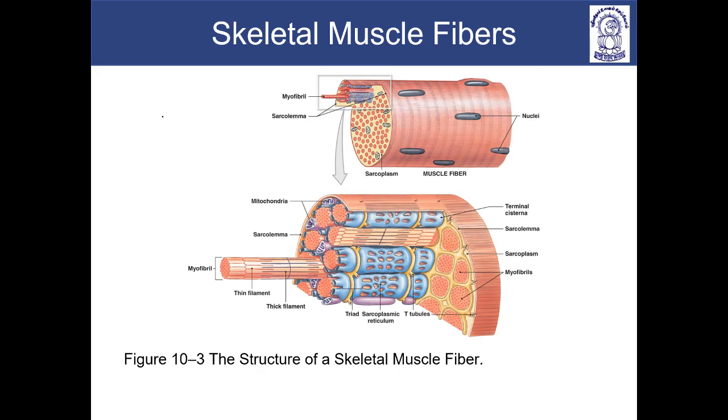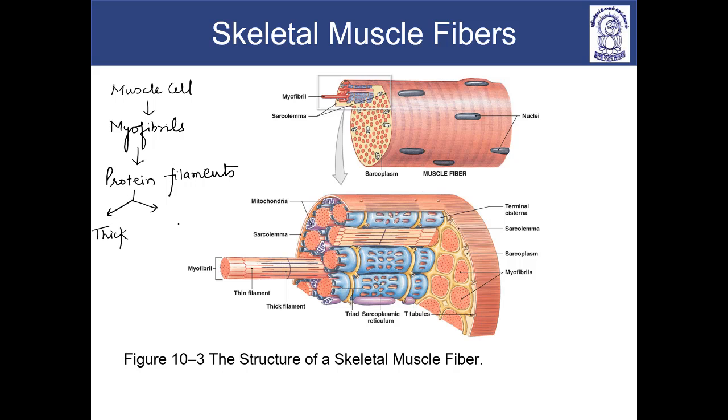Now, a muscle cell forms myofibril, which is basically made up of protein filaments. These protein filaments are of two categories: thick filament and thin filament.